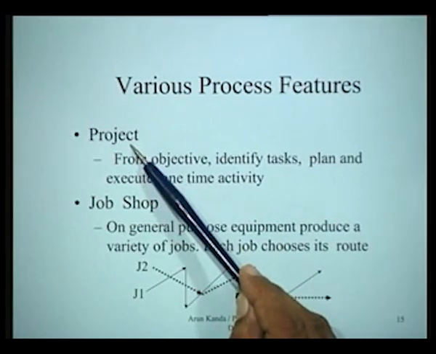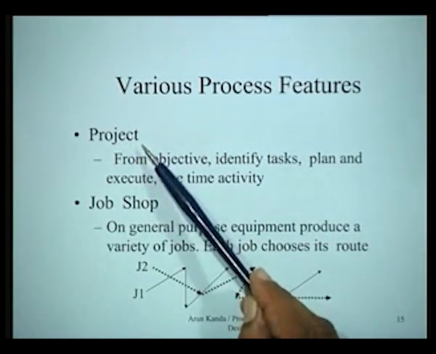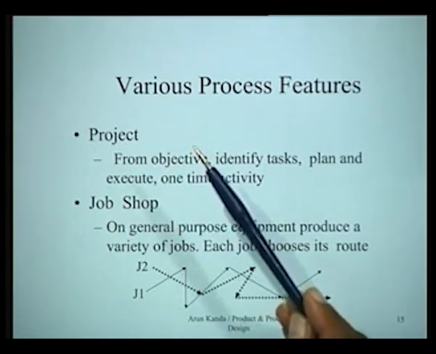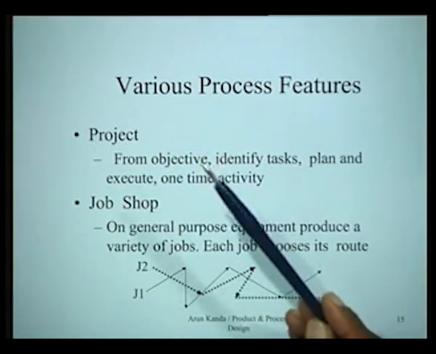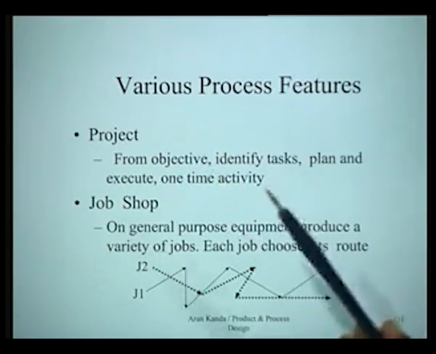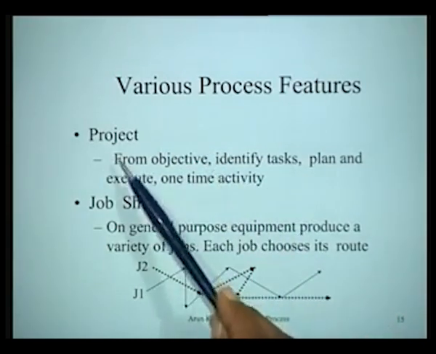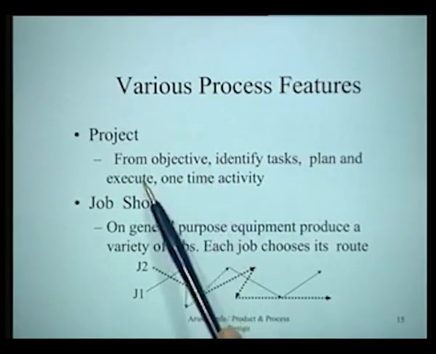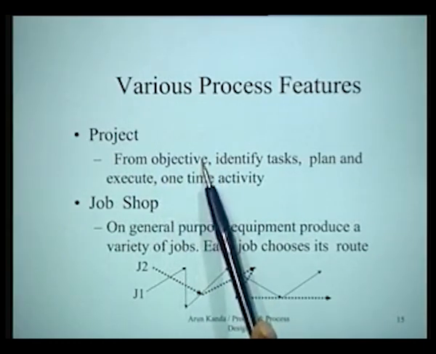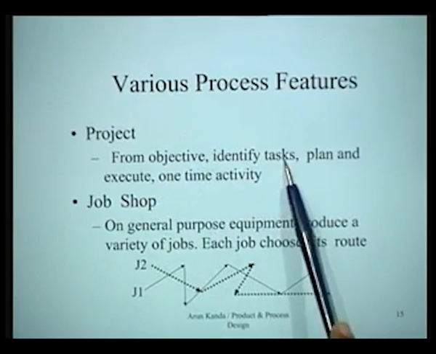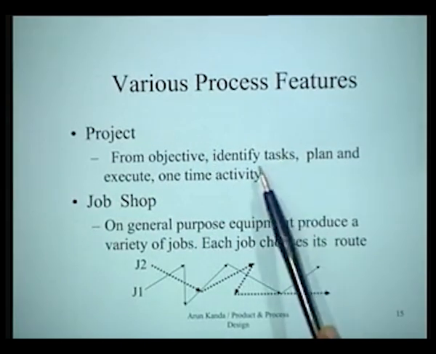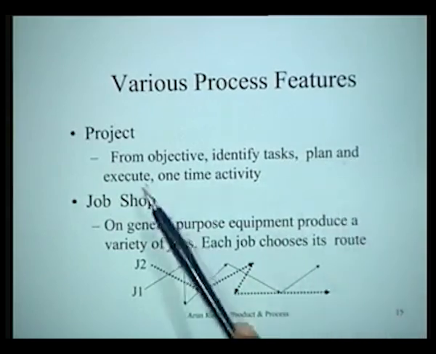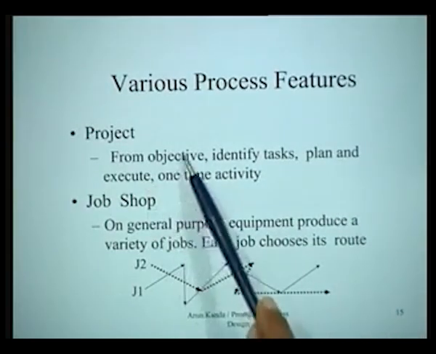If you want to make something once, either on an ad hoc basis or you are doing something which you have to do not on an ad hoc basis but on a continuing basis, but you are doing it for the first time, then what has to be done is basically you have to identify what you want to do. From your objective, you have to identify the various tasks that you have to perform. Once you have identified these tasks, you have to plan and execute these tasks.